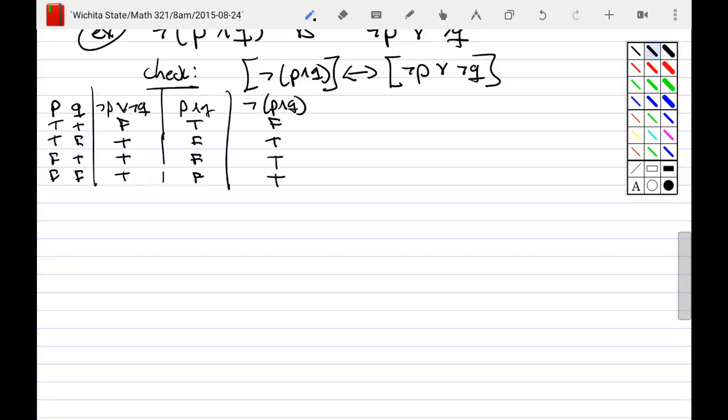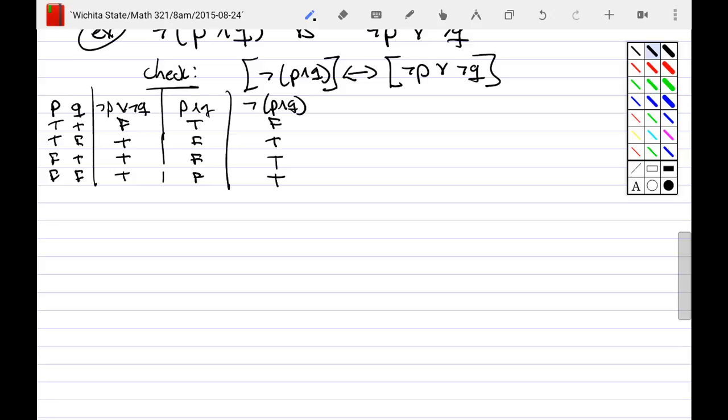Now a lot of students will simply say, oh, look, same. Therefore, I'm done. No, I'm going to make you go one more step. I know some people say, why do you want to go the one next step? It's because pointing your finger and saying same doesn't show logical equivalency. What shows logical equivalency? The biconditional is a tautology.